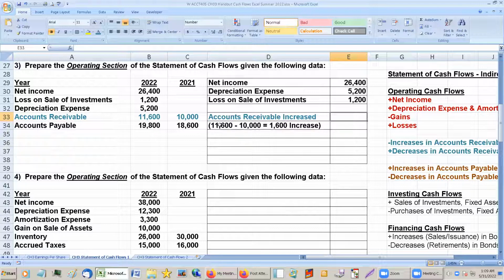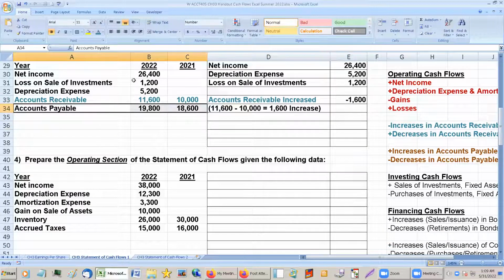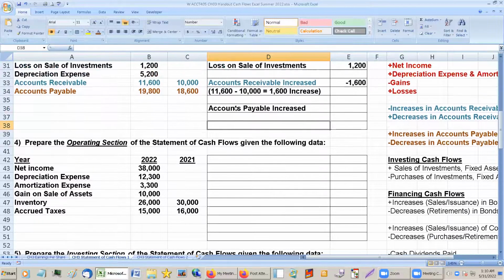Oh, our cash should go down with that. And payable increase. Let's see.